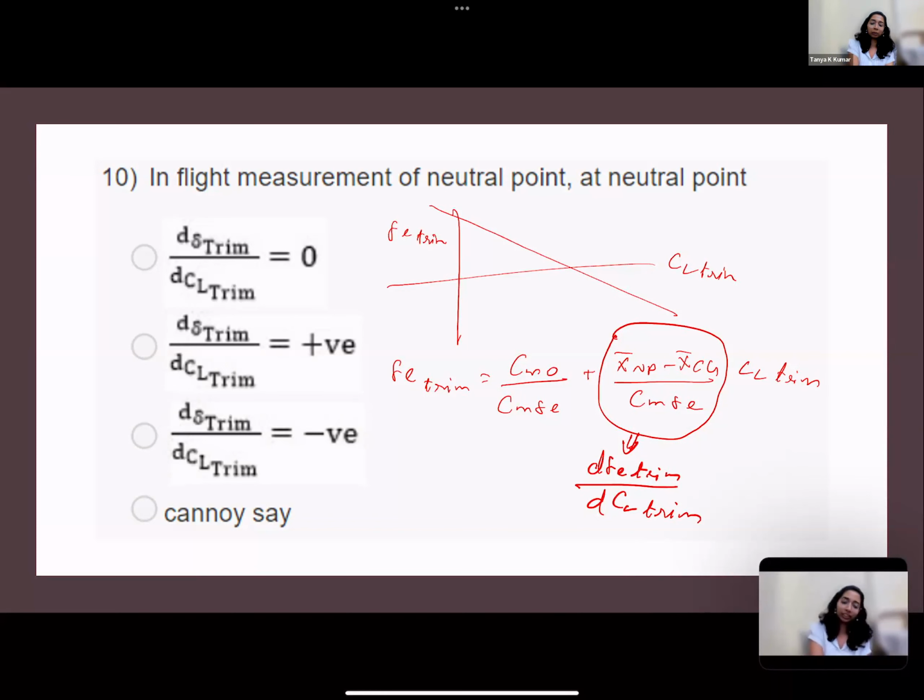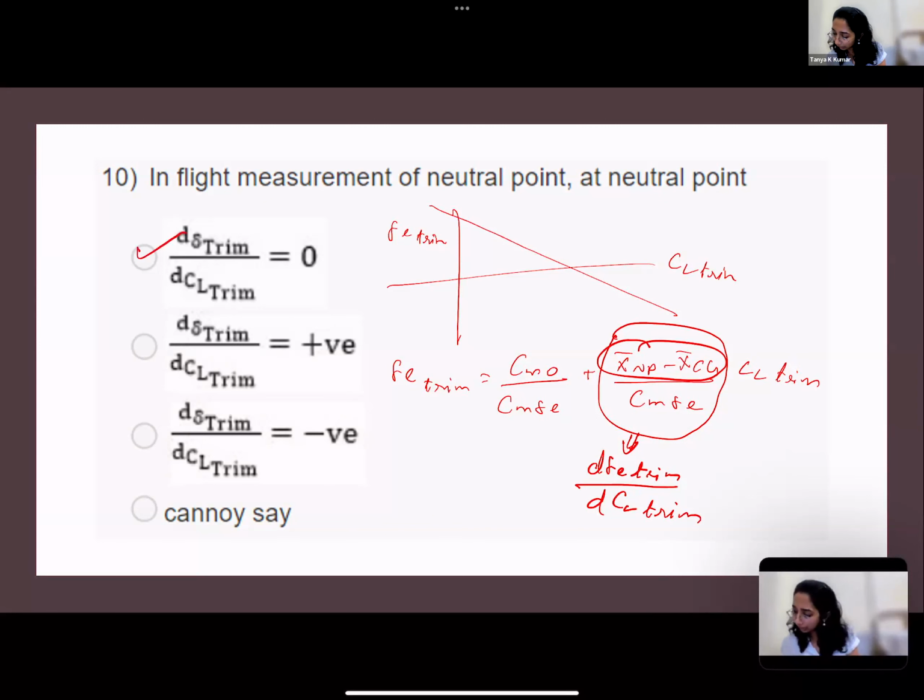Just use the equation and tell me what is the value of the slope at neutral point. Negative. Okay. It's usually negative. I understand for a stable aircraft, it's negative. At neutral point, your CG is NP. So this becomes 0. Correct? Numerator becomes 0. So what is the slope? Yes, correct. 0. The slope is 0.